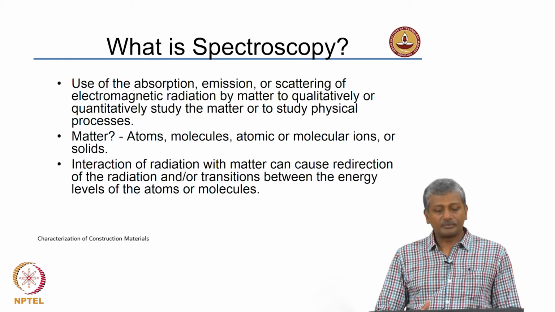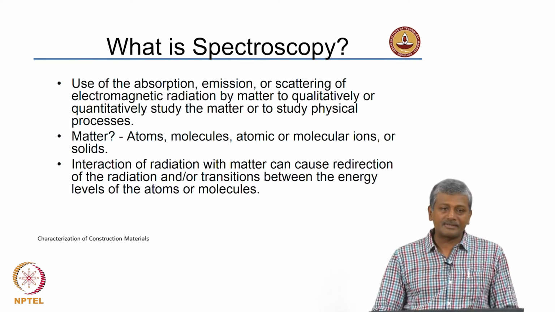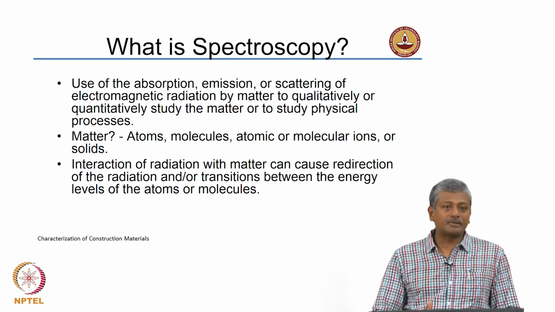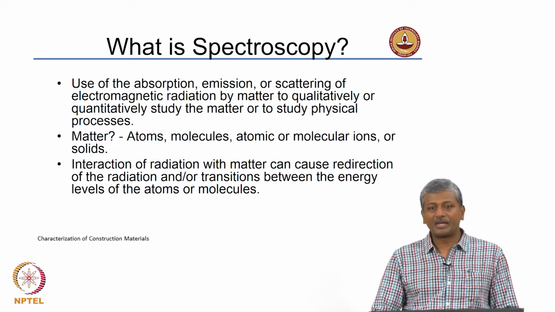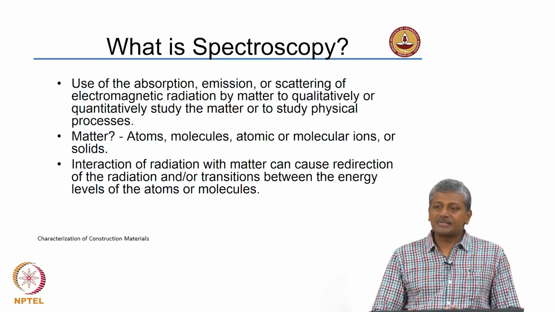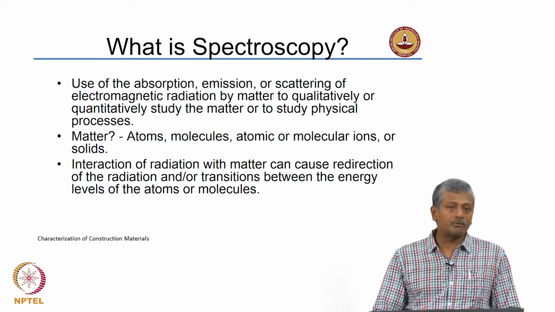Okay. So, again you are generally utilizing the property of electromagnetic radiation to either get absorbed or scattered by the atoms or molecules which are present inside the system. And in doing so, what would happen is you are changing the state of the atom or molecule that you are trying to observe.